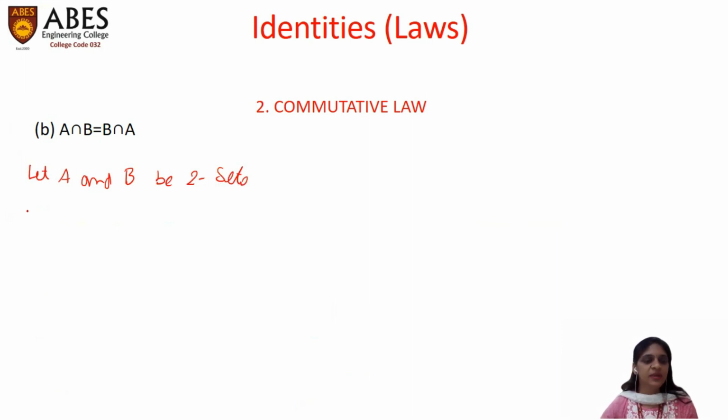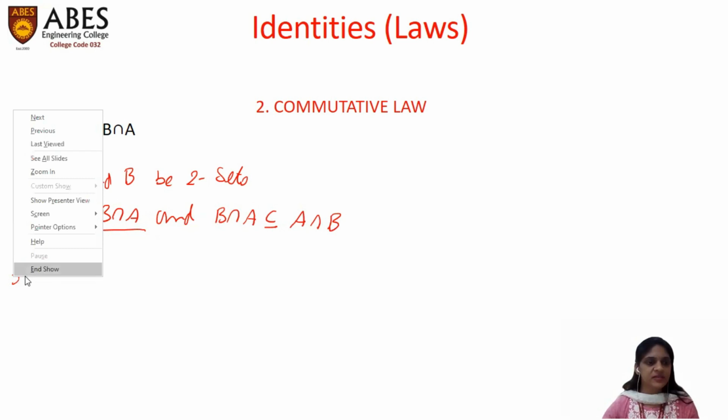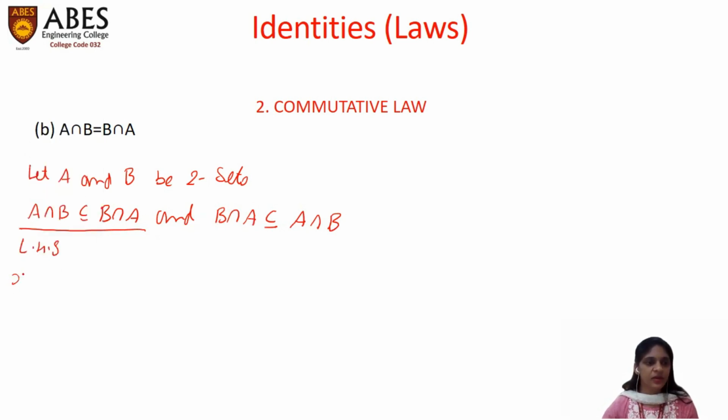For these sets A and B, we have to prove that A intersection B is a subset of B intersection A and B intersection A is a subset of A intersection B. Now we are considering the left hand side first, which means A intersection B is a subset of B intersection A. So for this, let's consider X as an element which belongs to A intersection B.